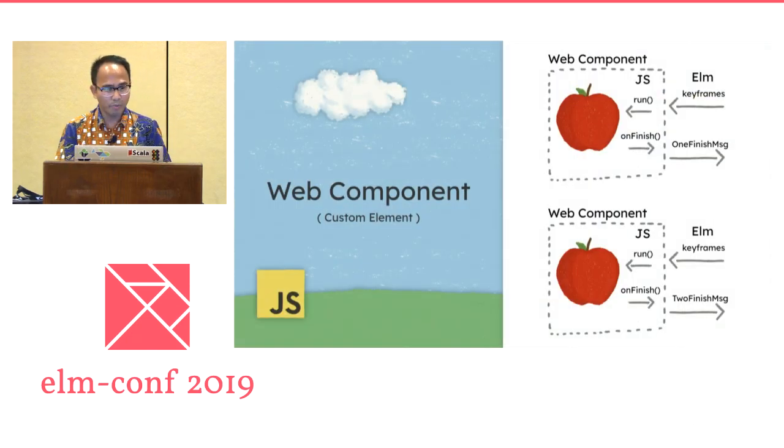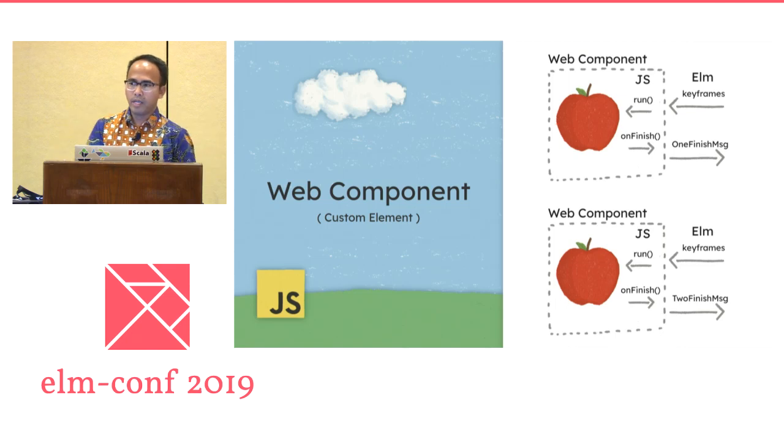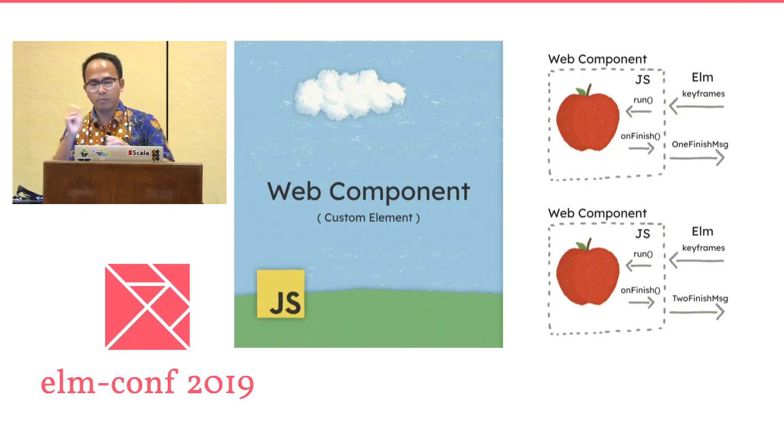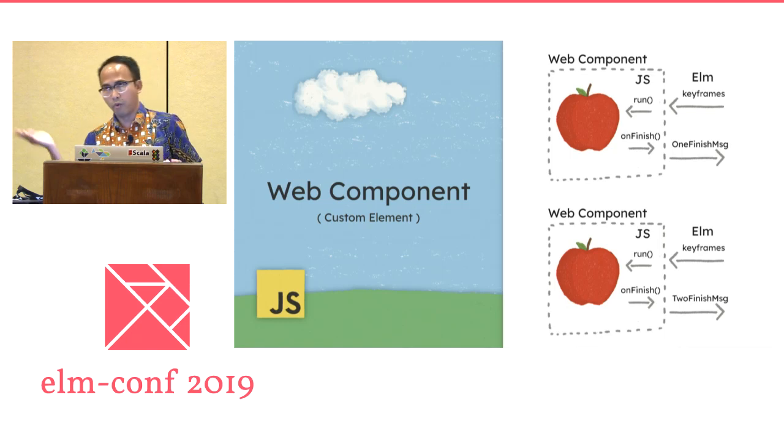I think the web component approach, or custom element, is a better approach in my opinion. With a web component, you wrap every single element that you are going to animate with a web component, and each of those has its own channel to communicate between Elm and your JavaScript via attributes and props, and via events coming from the web component.